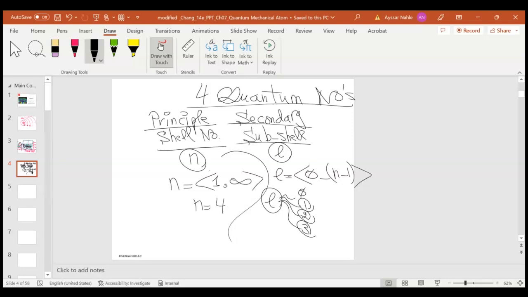Is it okay? Perfect. That is the subshell. The next quantum number is called the orbital quantum number.